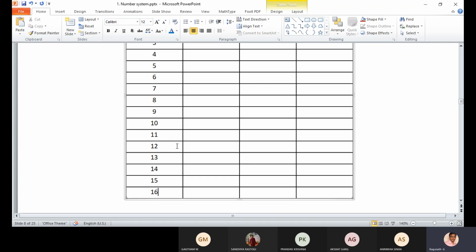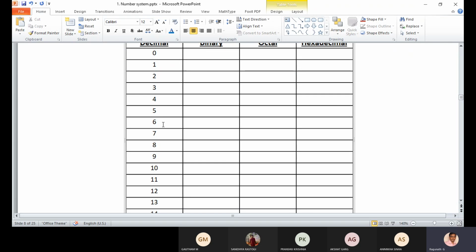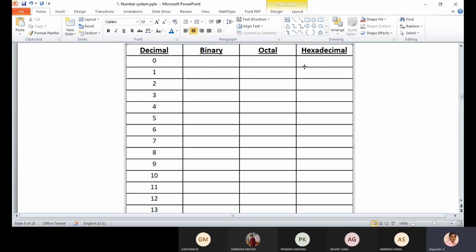I have a doubt. Is this concept only for decimal numbers, or for binary, octal, hexadecimal also? No, this concept is applicable for binary, octal, hexadecimal also.